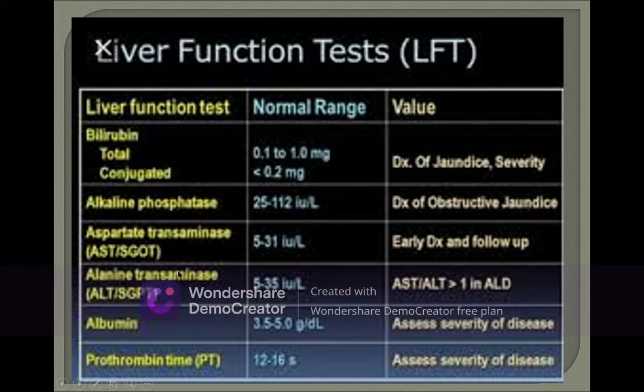Now, if you subtract this from the total, then you find that there is a predominantly conjugated hyperbilirubinemia.